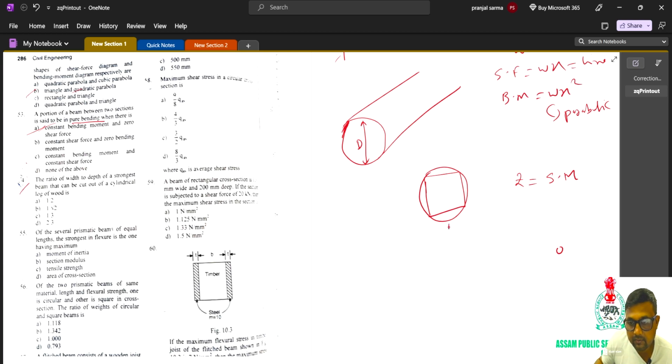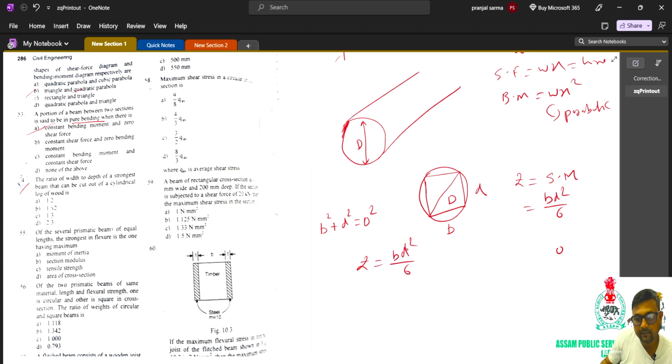So suppose this is b and this is d. That means Z is b d square by 6. You have to choose b and d in such a way that this value becomes maximum. This is the diameter, so according to the Pythagoras formula, b square plus d square equals D square. Now Z is b d square by 6, and to get the strongest beam, Z must be maximum.